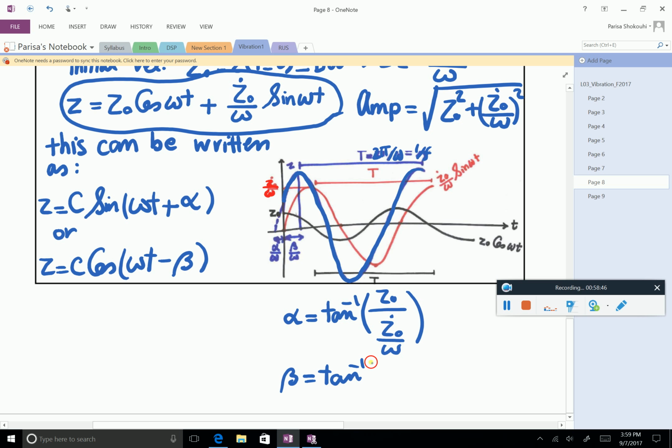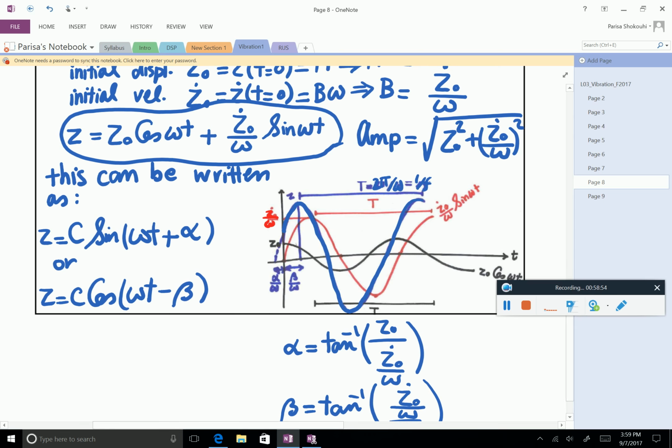Now, the reason I'm showing you this is something more important. A lot of times, it's very useful to express things in exponential or complex form.